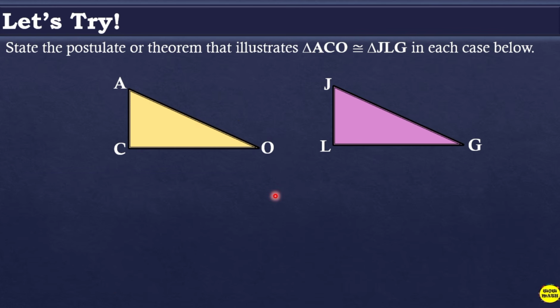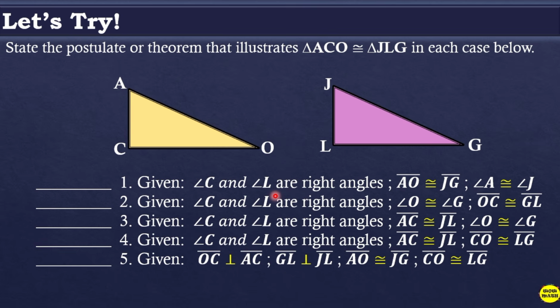So let's try. State the postulate or theorem that illustrates triangle ACO is congruent to triangle JLG in each case below. I have here number 1, angle C and angle L are right angles. Ibig sabihin, kung right triangles po siya, we only need two parts. Ano po yung two parts na yan?